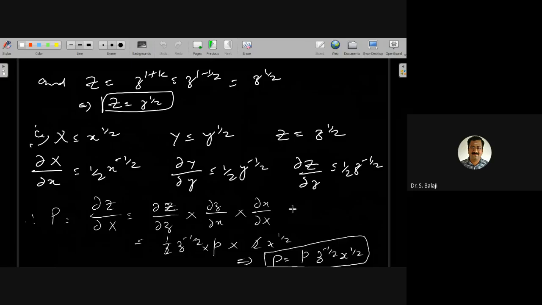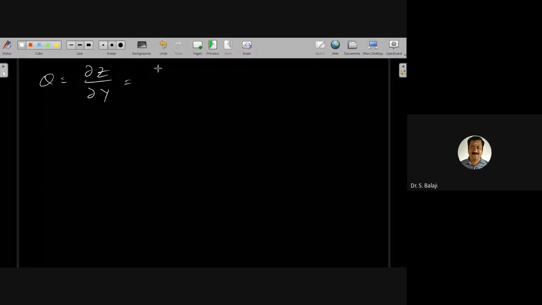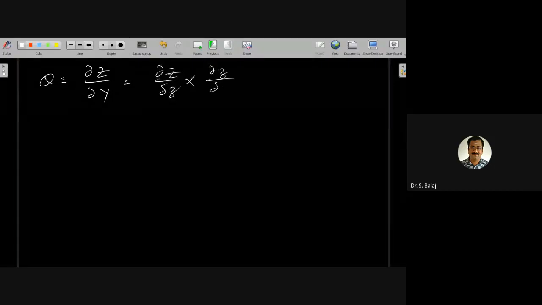Similarly, capital Q. Capital Q is equal to, again the same, everything gets changed here: dou Z by dou Y. Dou Z by dou small z is possible, dou small z by dou small y is possible, and dou small y by dou capital Y is possible.